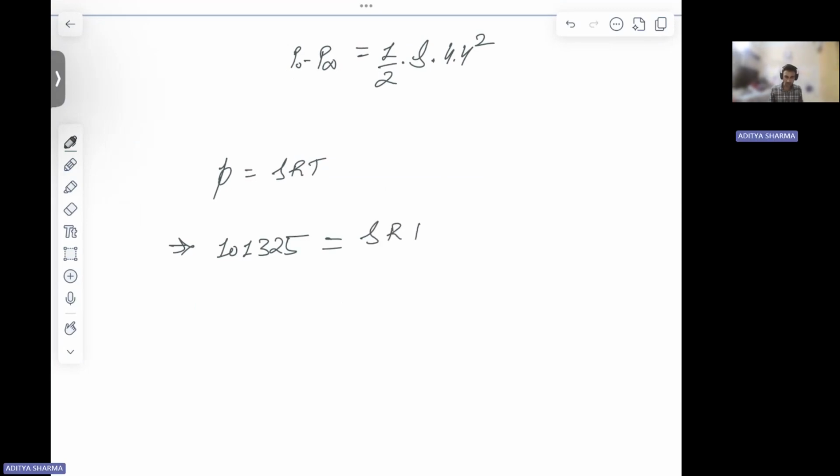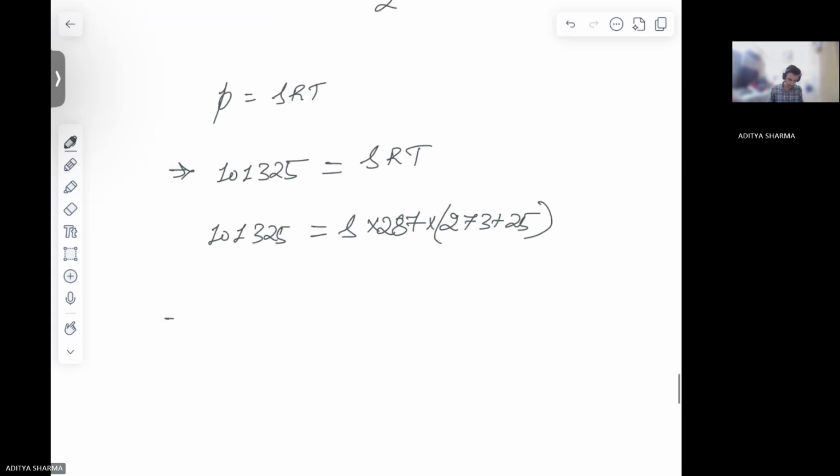So rho RT, T is given as 25 degrees Celsius. So 101325 equals rho into 287 into (273 plus 25).